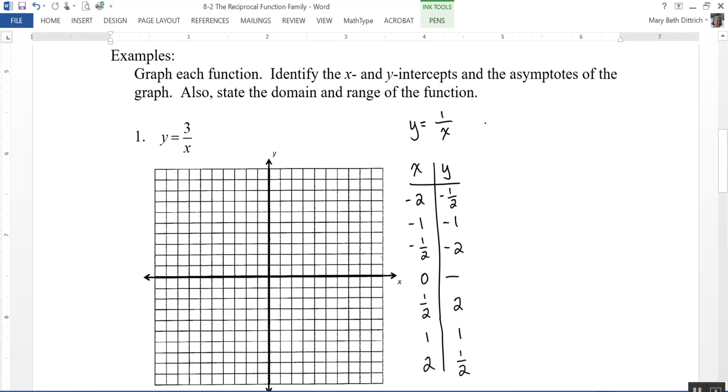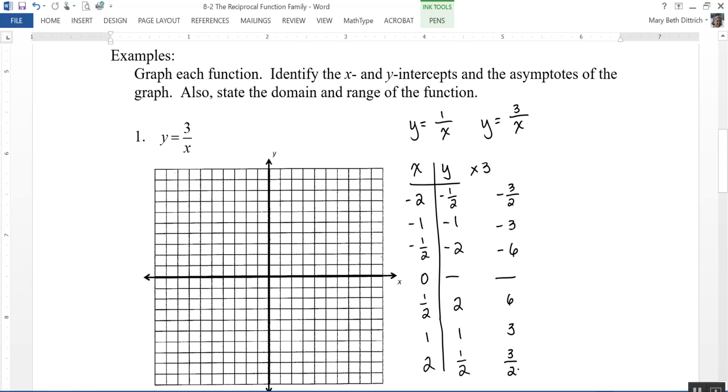Now to get y equals 3 over x, I'm going to multiply each of my y values by 3. That's going to give me y values of negative 3 over 2, negative 3, negative 6, 0 still doesn't work, 6, 3, and a positive 3 over 2.